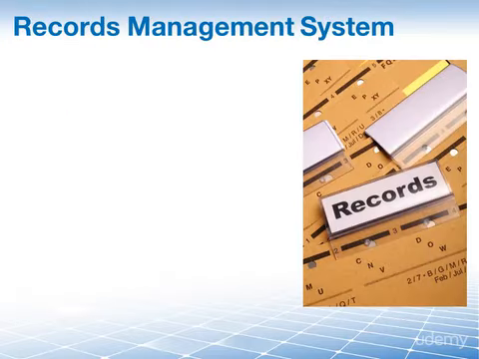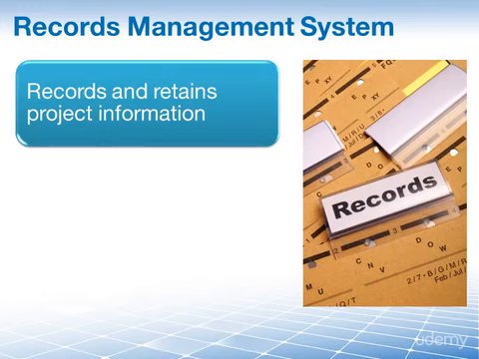Let's move on to the records management system, which we also grouped into the controlling side of our tools and techniques. The PMBOK Guide 5th edition describes records management systems as a specific set of processes related to control functions and tools that are consolidated and combined to record and retain information about the project.